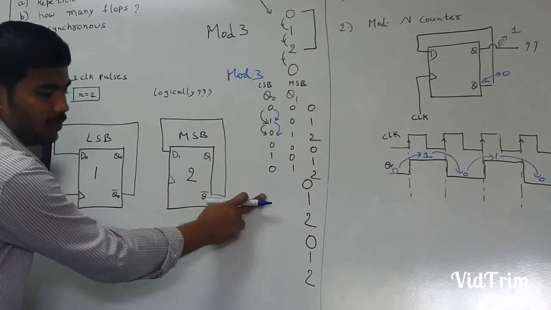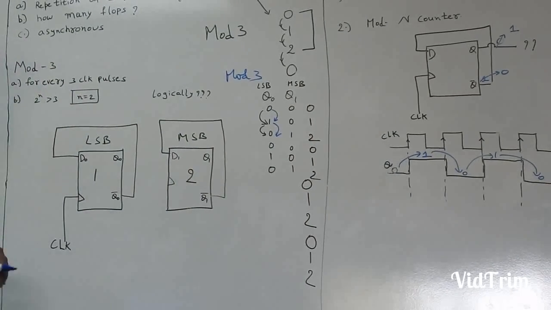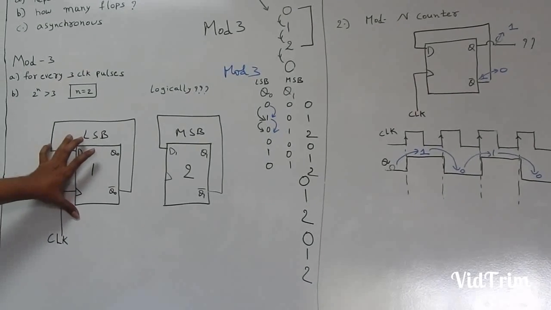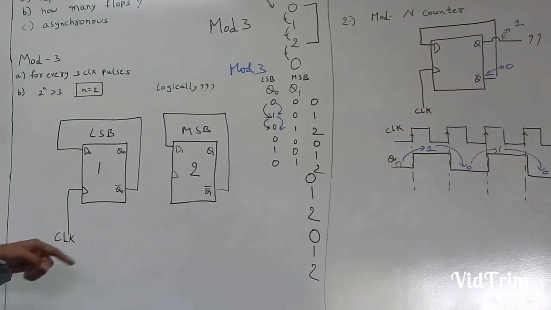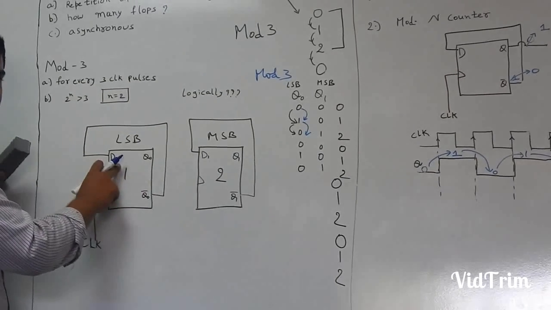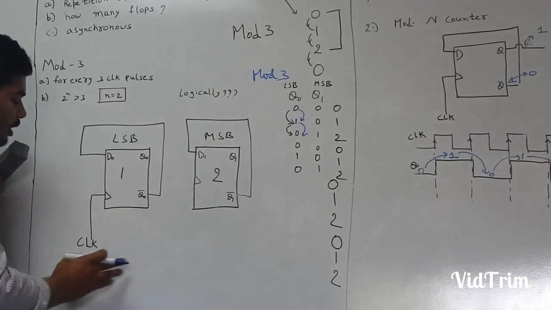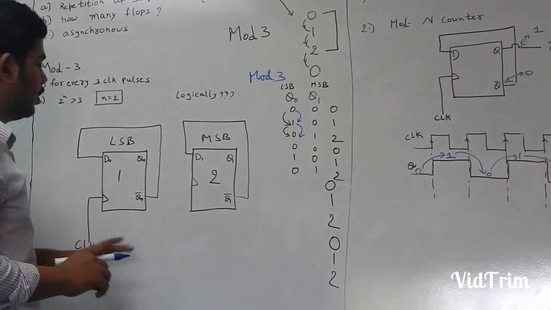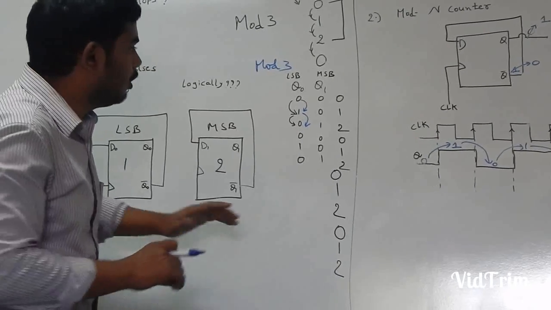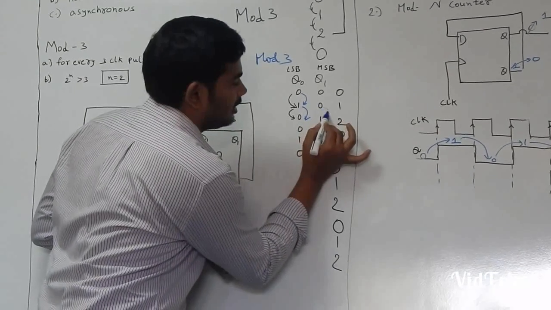Okay, again the sequence is repeated. So first LSB should definitely be in toggle mode. So like we discussed, this is in toggle mode. Q bar is fed back to D. So this is active in toggle mode and this is a flop. So now the second flop also it toggles somehow.